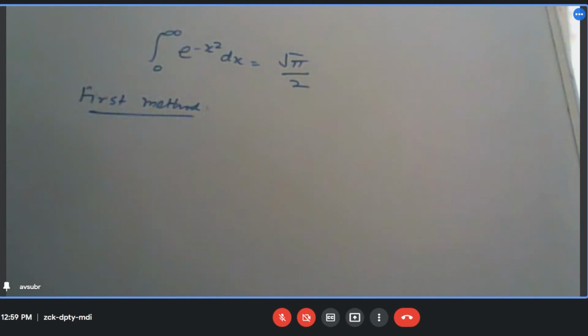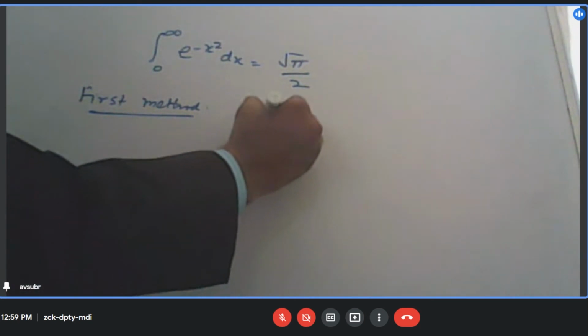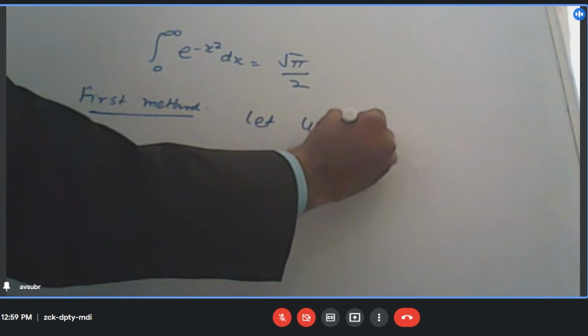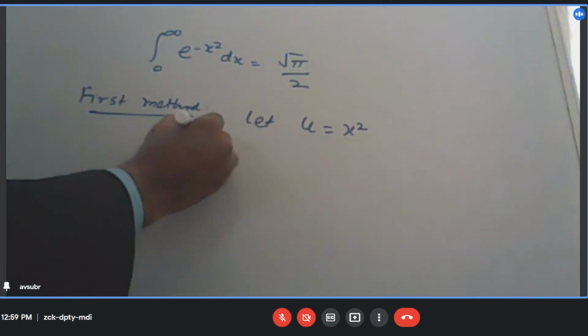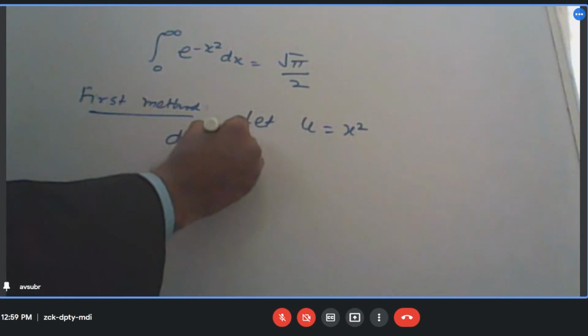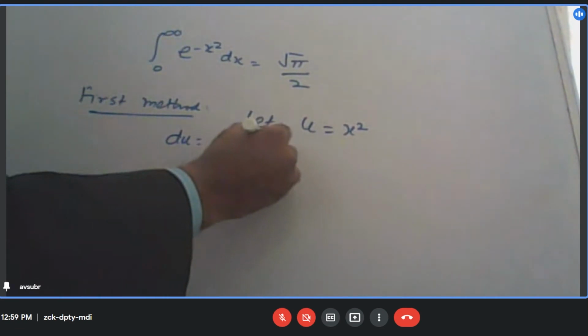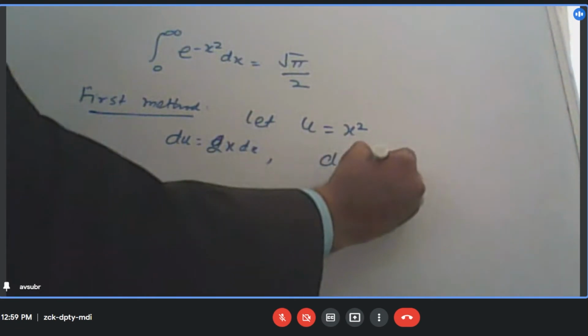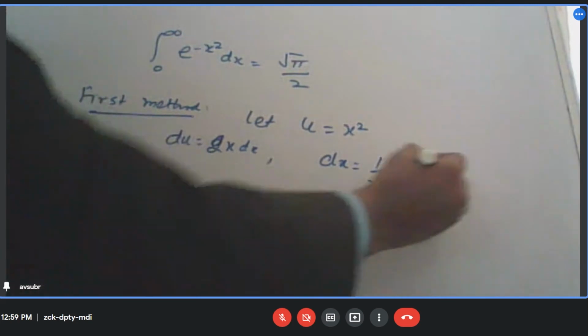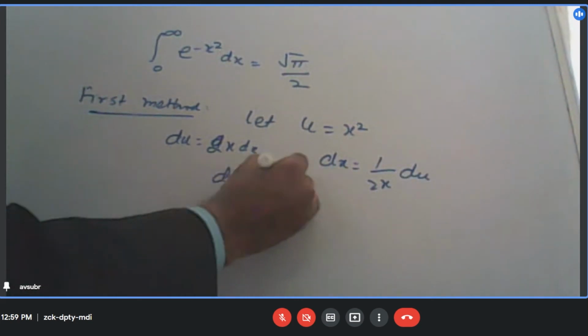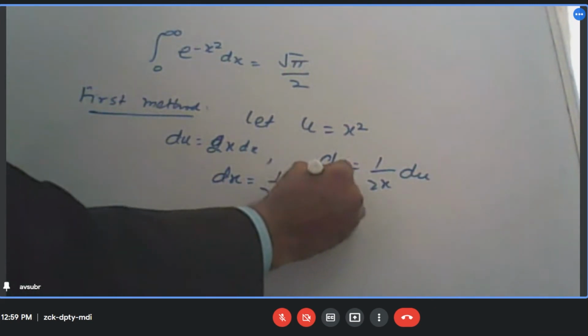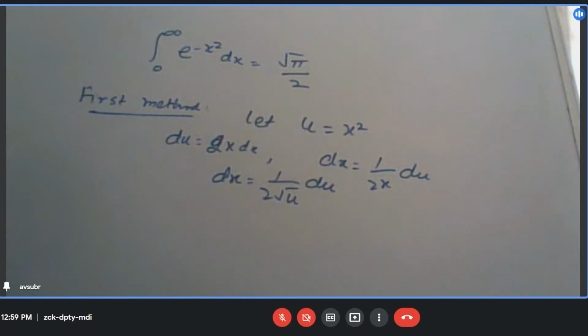Let us suppose that u is equal to x square. So du is equal to 2x dx. In other words, dx is equal to 1 by 2x du, and dx is equal to 1 by twice root u du. Can we write it like this?